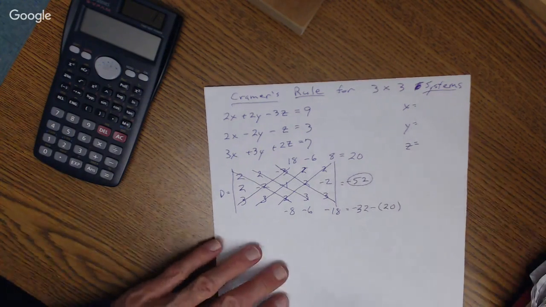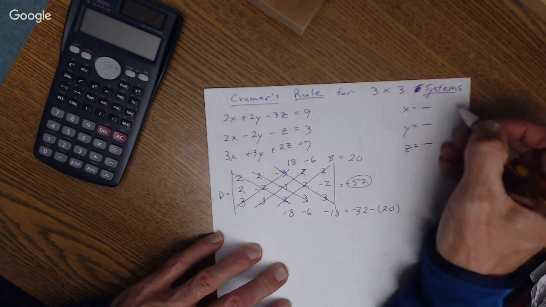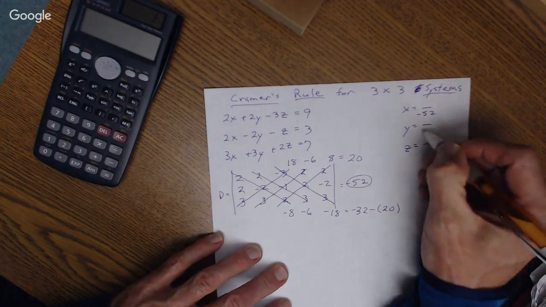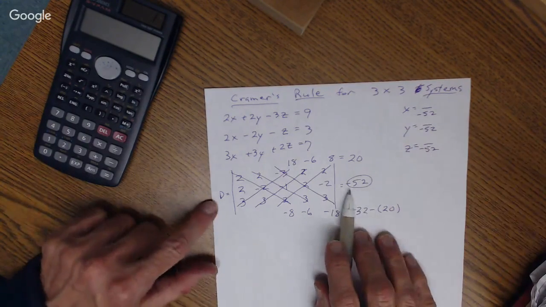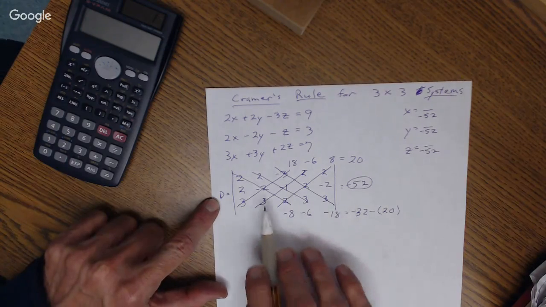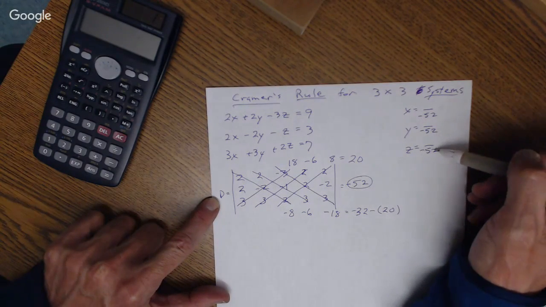Okay, and that's going to be the d. So when we solve for x, y, and z, the -52 always goes on the bottom. This first d is called the determinant of the coefficient matrix, and it is going to be the denominator of all our answers.